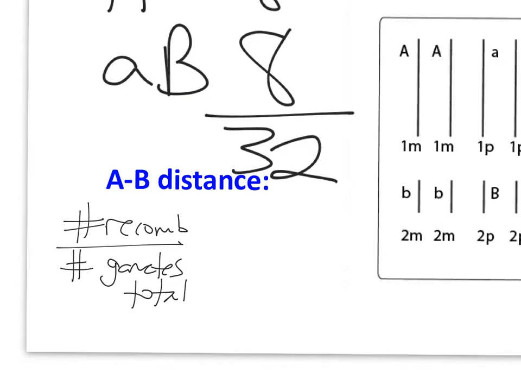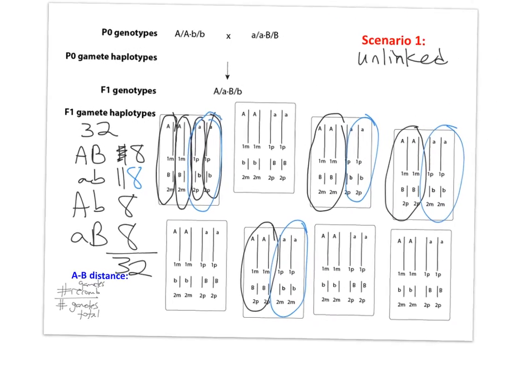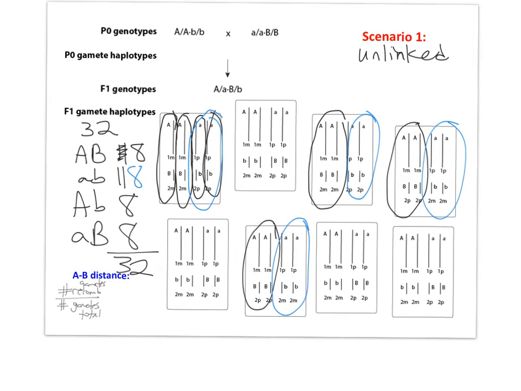So recombinant gametes or recombinant haplotypes divided by the total number we observed. So now all you have to figure out is which of those 4 haplotypes are recombinant and which are not. That's the numerator, number of recombinants.